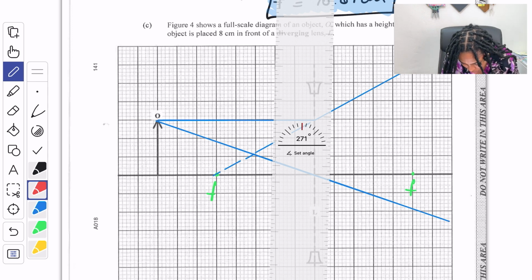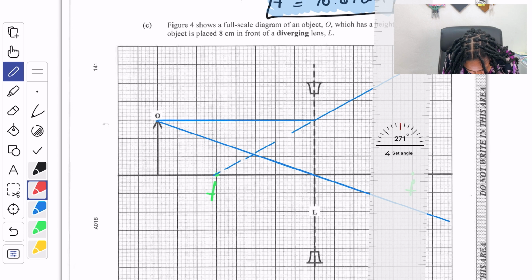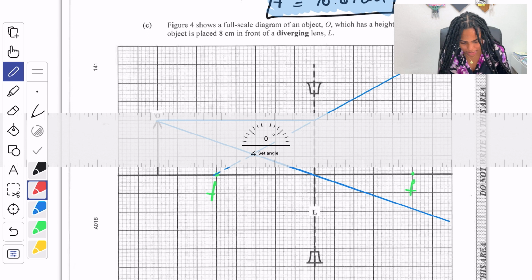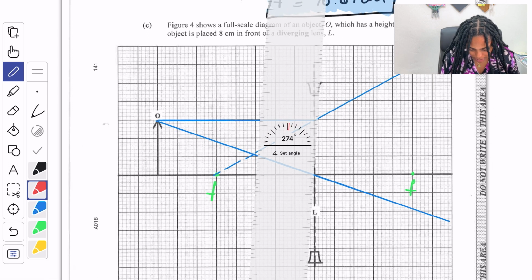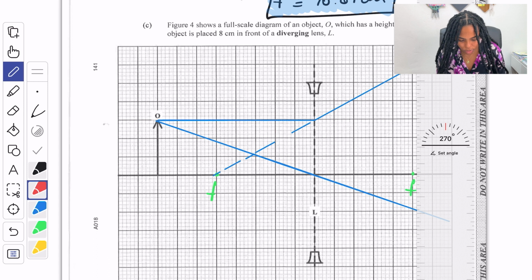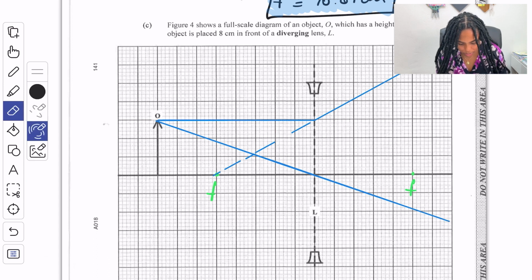Now I'm not sure if my line is perfectly accurate. Did it actually pass through the point? Because I'm tending to believe that maybe it should have met on this line here. So I'm assuming that my line is a little bit off and maybe it was supposed to be here. They always give us an allowance too, so even if you were like me and your line is off, and let me erase a little bit to make sure.